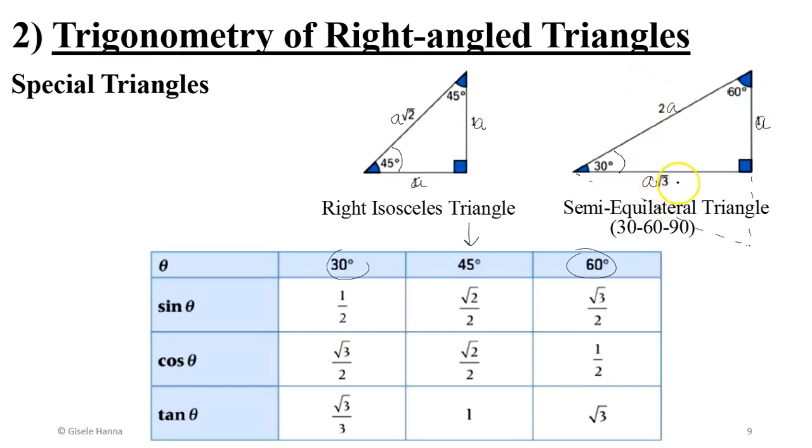Cosine would be adjacent over hypotenuse, which is square root 3 over 2, and tan would be opposite over adjacent, which is 1 over square root of 3 or square root 3 over 3, and we would determine the trigonometric ratios relative to 60 degrees similarly by using the trigonometric ratios in a right triangle. Now, this table is in fact important to remember.